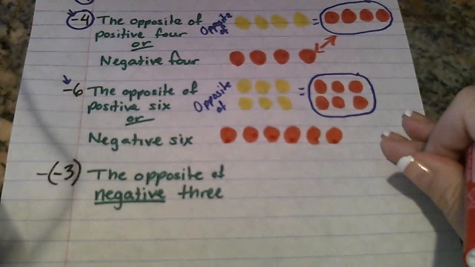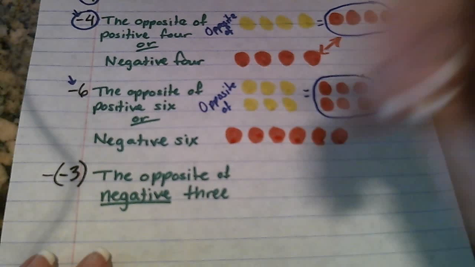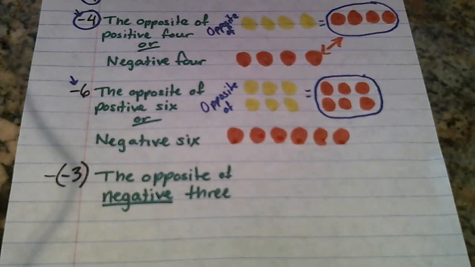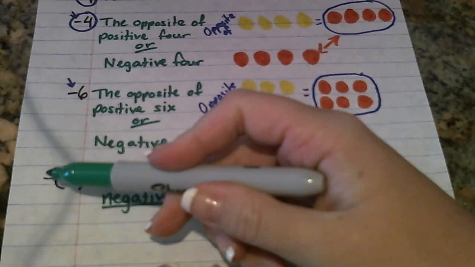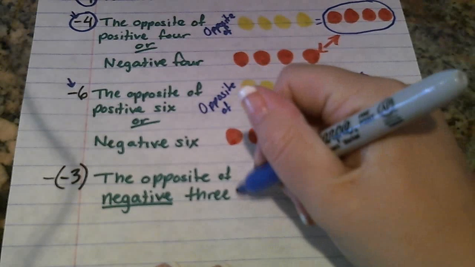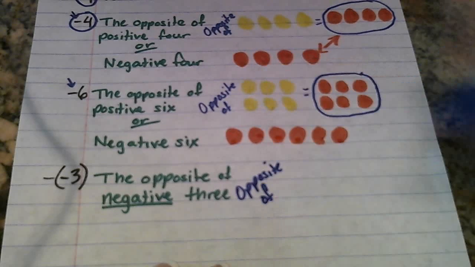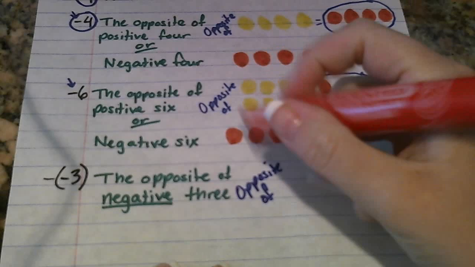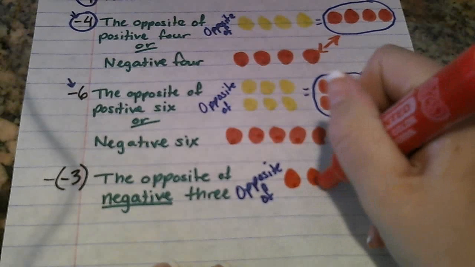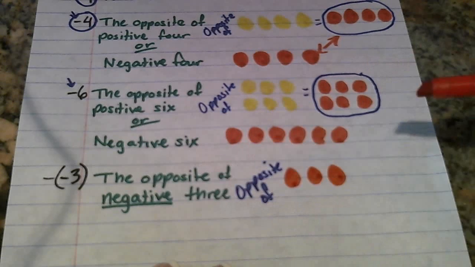And then my very last example, I've got those 2 negative signs again. You're going to see these typically separated with parentheses just to separate the signs. This is read as the opposite of a negative 3. So once again, I'm going to use my little trick of writing opposite of, and then I'm going to draw 3 red chips, because I want the opposite of negative 3 this time.